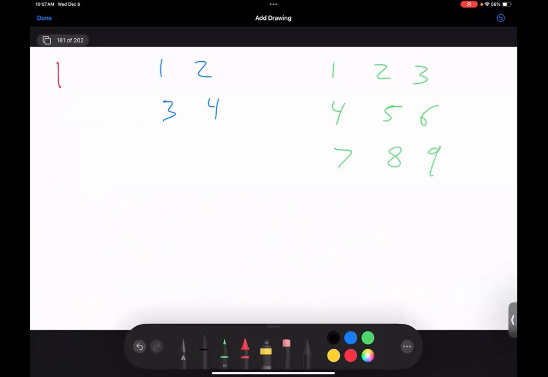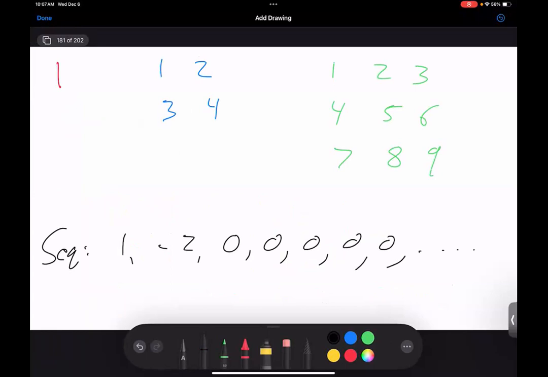And the sequence is 1, -2, 0, 0, 0, 0, 0, going on and on and on. So whatever is happening, it takes a while for it to happen. When the matrix is small, I don't have enough freedom to see this interesting phenomenon.